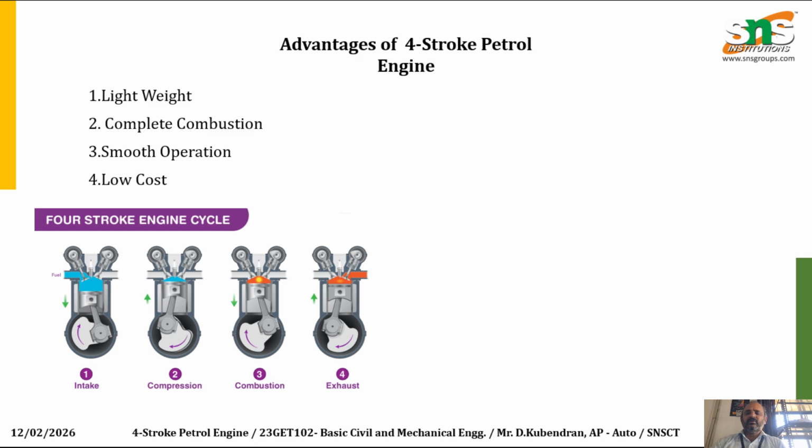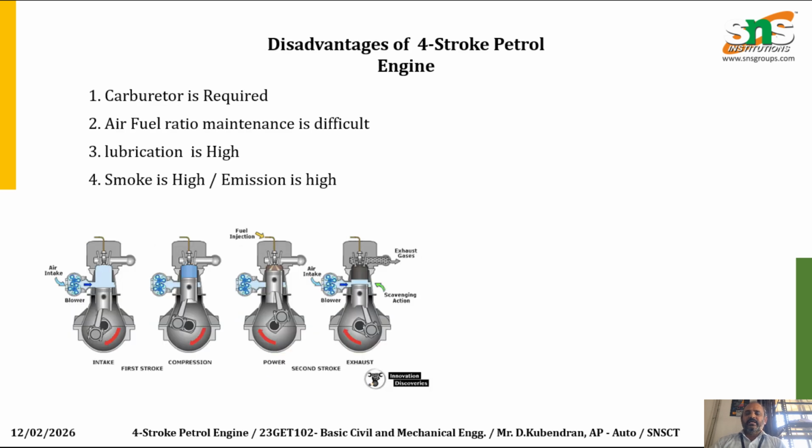The disadvantage is that the petrol may burn slowly and cannot burn completely. So 90% of the petrol is burned, but the remaining 10% will be wasted. So that is the only disadvantage. And the fuel cost is high. Petrol fuel cost is high when compared to diesel. So this is the main disadvantage.